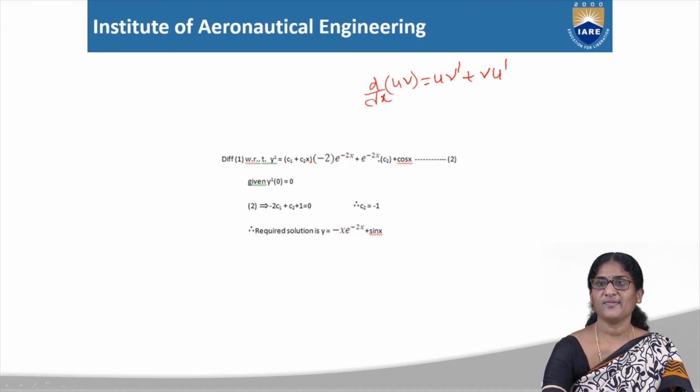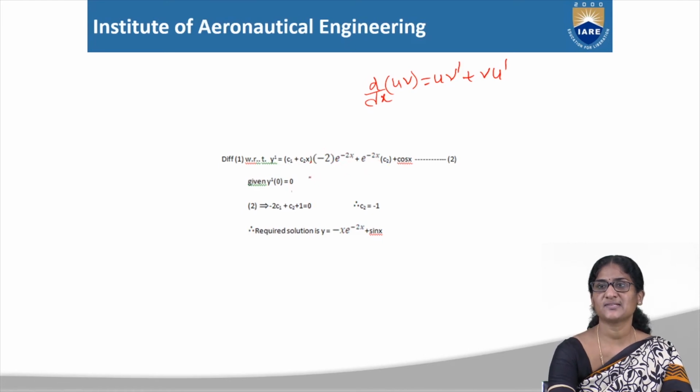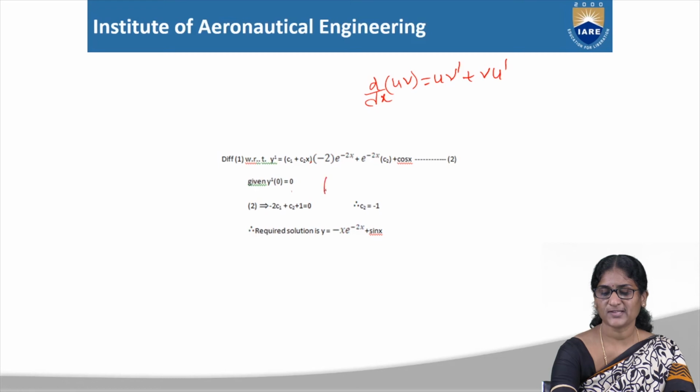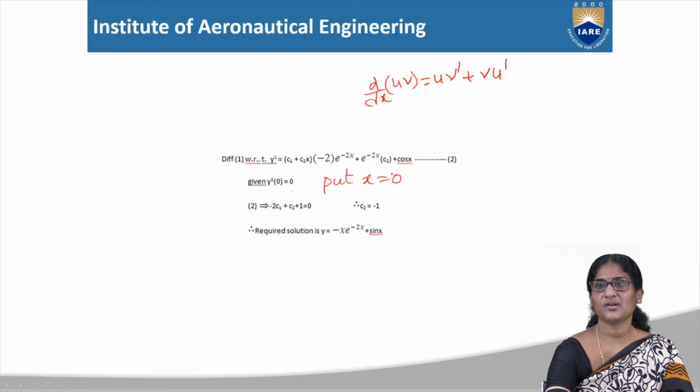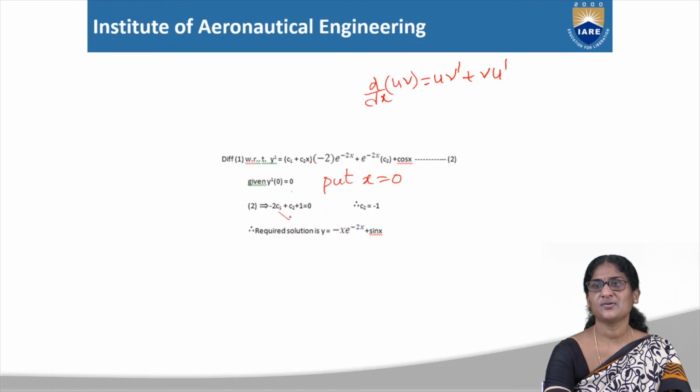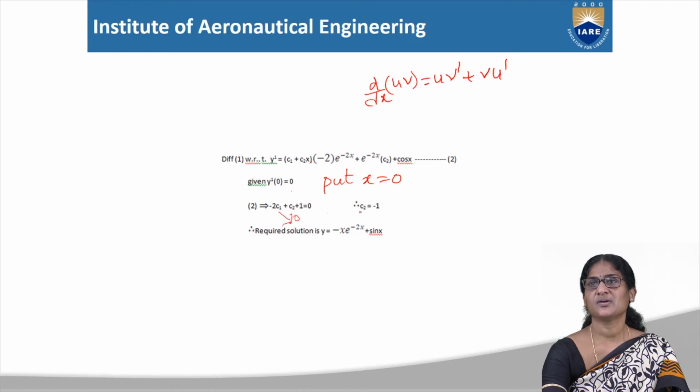Now given y dash is equal to 0, put x is equal to 0 in this y dash. So what you get is 2 minus 2 c1 plus c2 plus 1 is equal to 0, and c1 is already 0 from the previous case. So here I got the c2 value, that is minus 1.